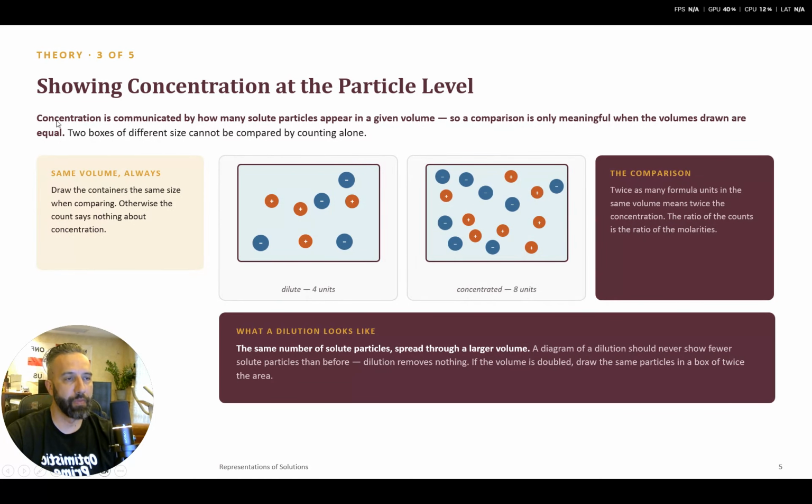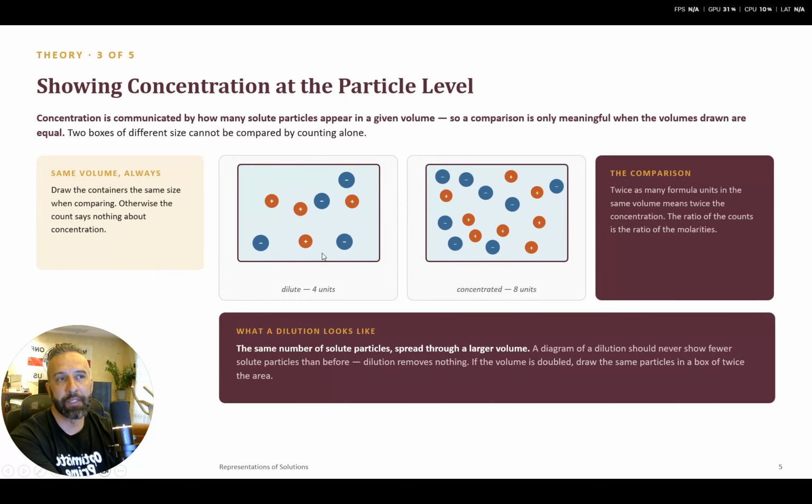Now, concentration is connected to the number of particles. As we said, the size of this box represents the volume. So we can say here that this is double the concentration of this. Why?